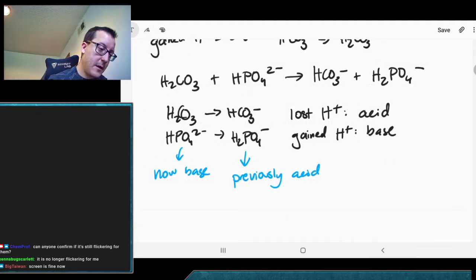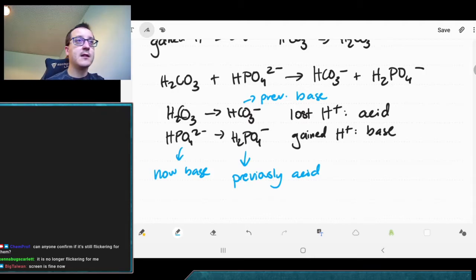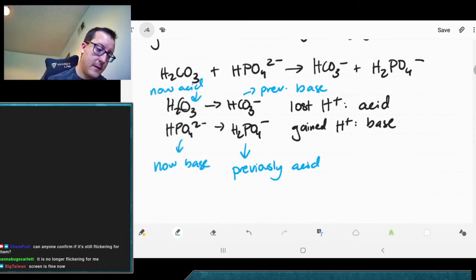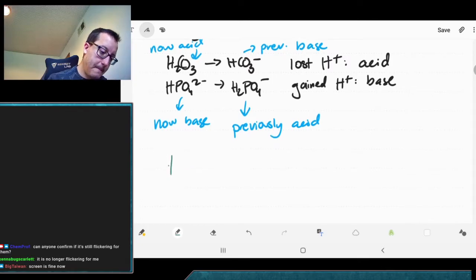So this one used to be the base, and now it can act as an acid. We call these our conjugate pairs.